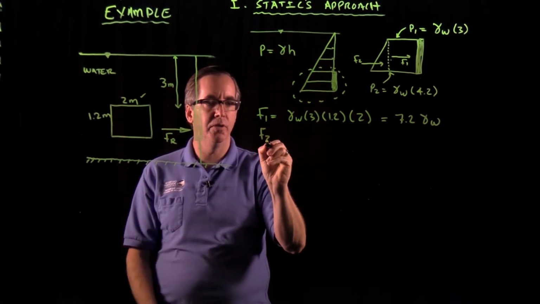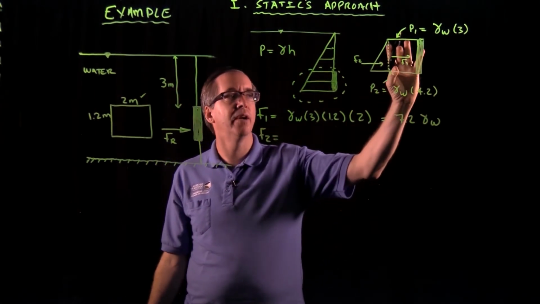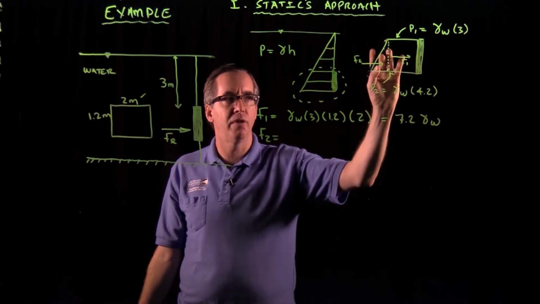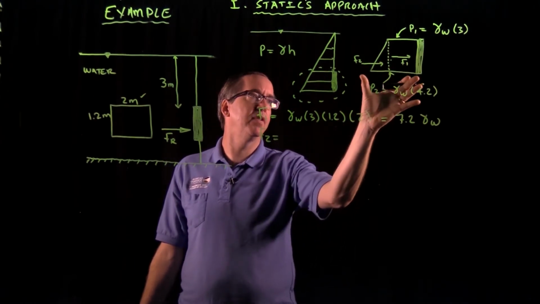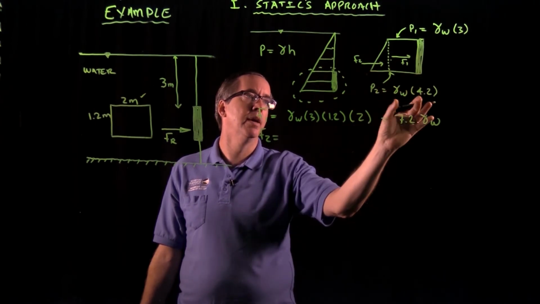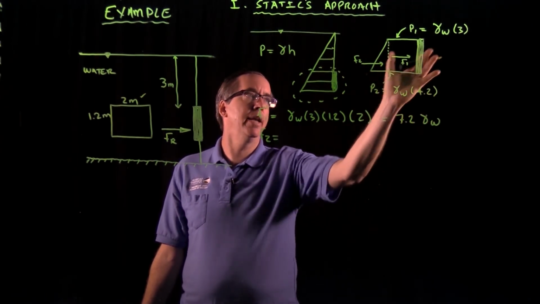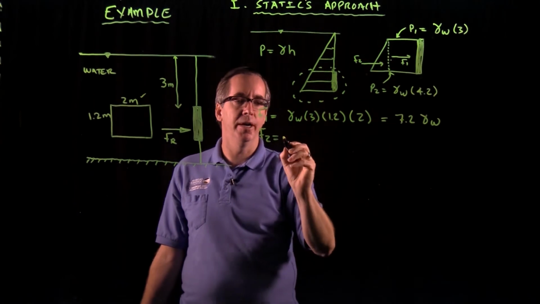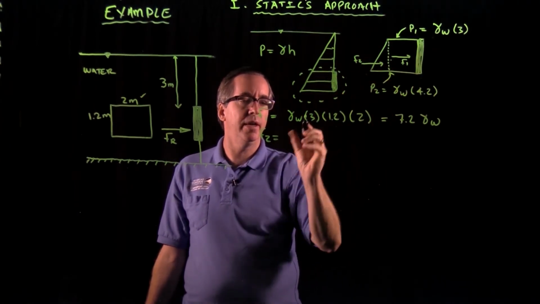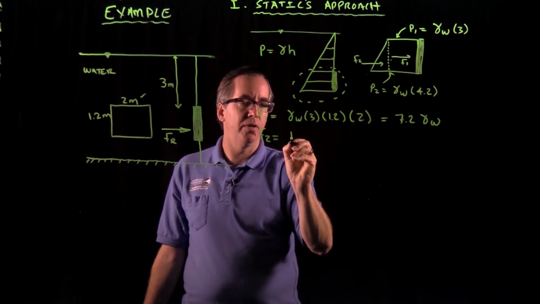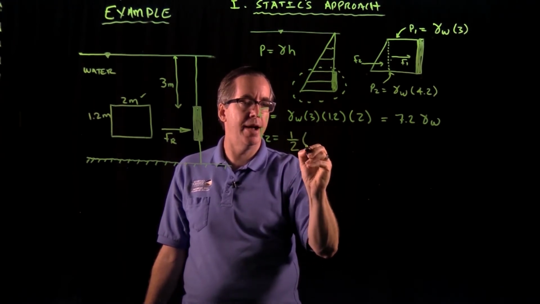For F2, we're going to do a similar calculation, but instead of a rectangular distribution, we have a triangular distribution. So for F2, this base right here is going to be the 4.2 gamma minus the 3 gamma. First of all, we're going to solve for this piece here. We have a triangle, so for the area of a triangle, we have 1/2 the base.